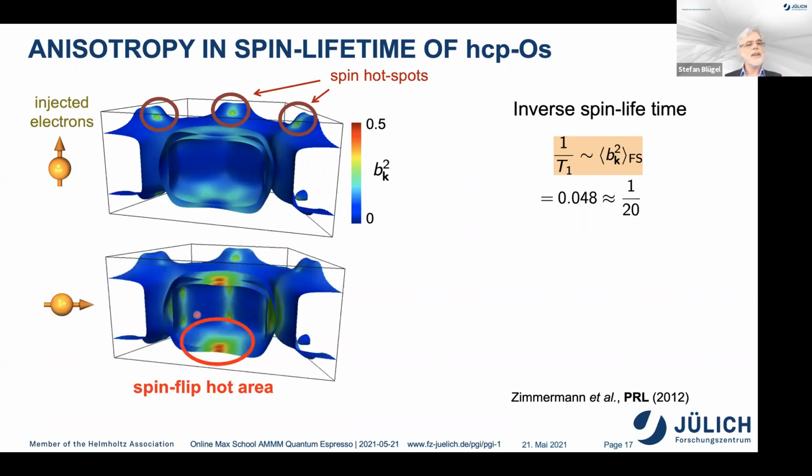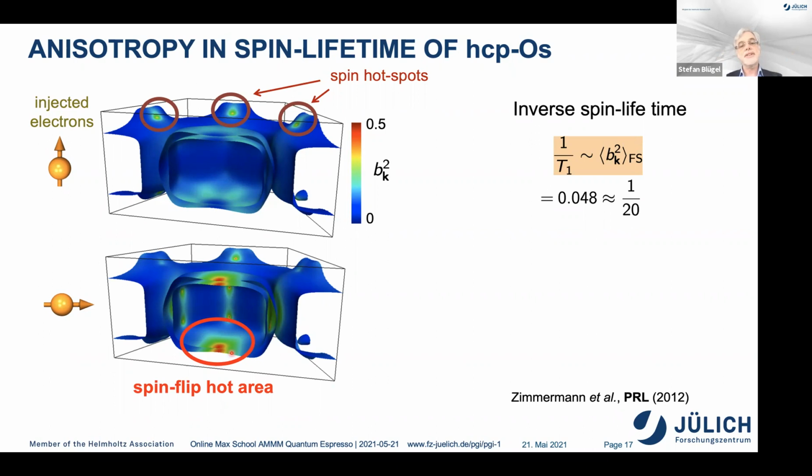But if you have another configuration, for example, you shoot in your spin with a different magnetization axis, so you have a different spin current, then the same Fermi surface will produce a spin flip hot area at other places.